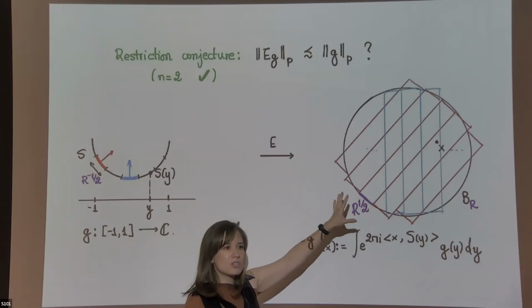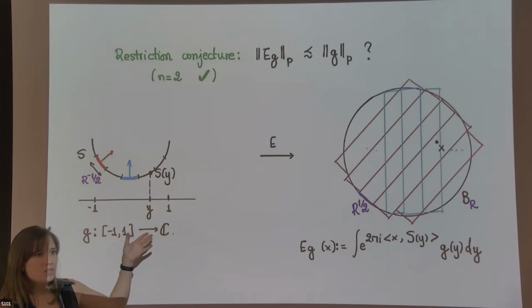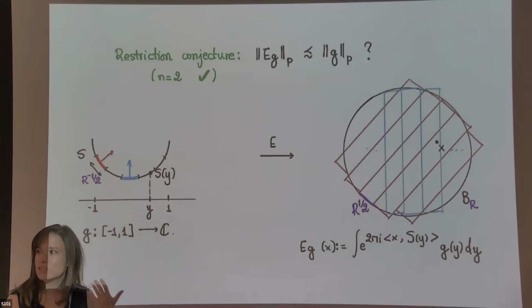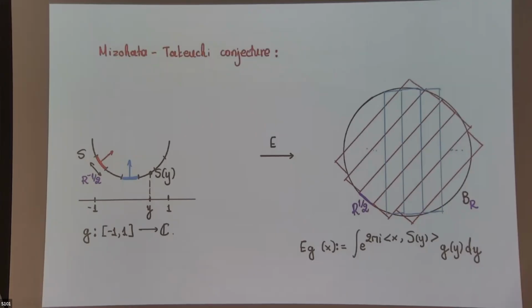It would give no structural information on the extension operator. And the conjecture I'll talk about today is about understanding some of the structure of the level sets. Okay. And it's actually L2 based, and 2 is not the point where restriction works. Okay, so this is the conjecture.